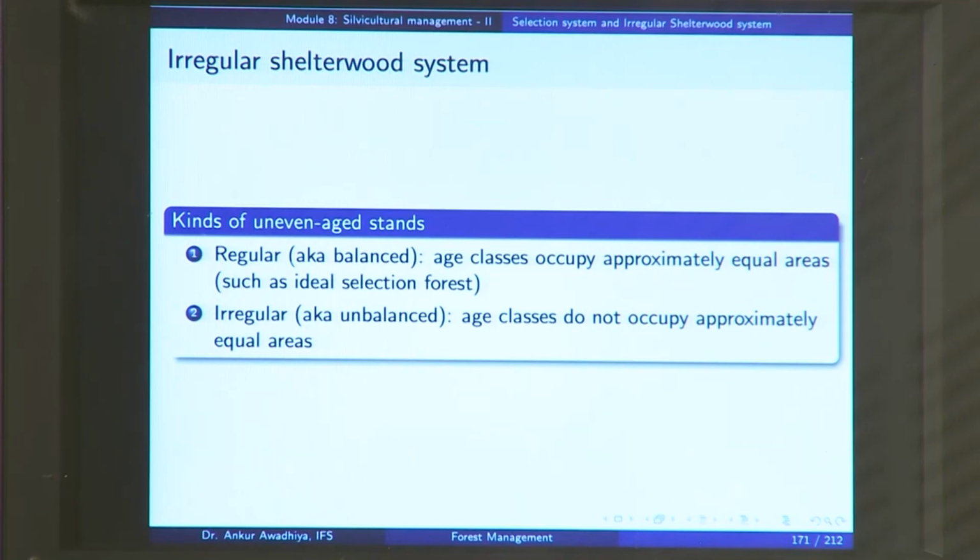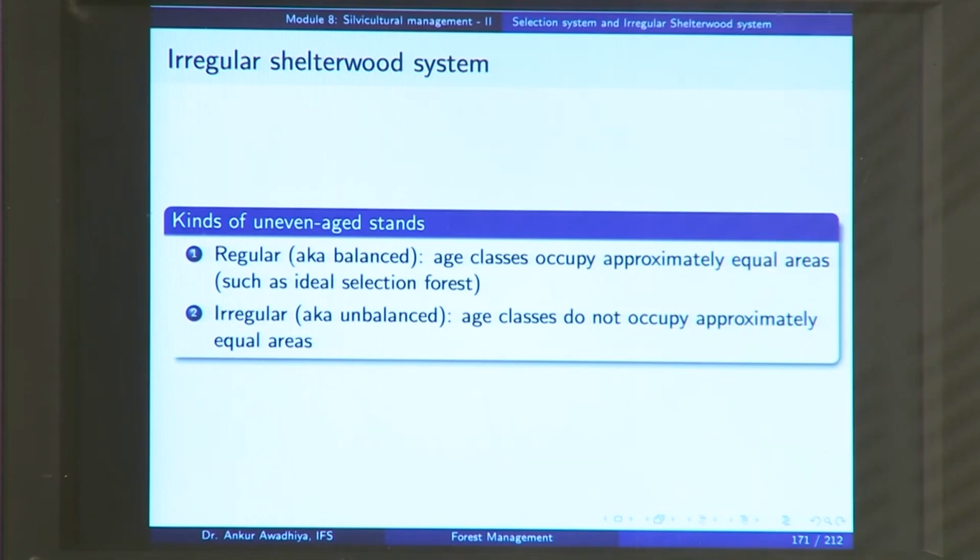In the case of an even aged stand, the trees or the crop have very similar ages. The difference in their ages is less than 20% of the rotation age. In the case of an uneven aged forest, you have plants that have very different ages, and generally the difference in their ages is greater than 20% of the rotation age.